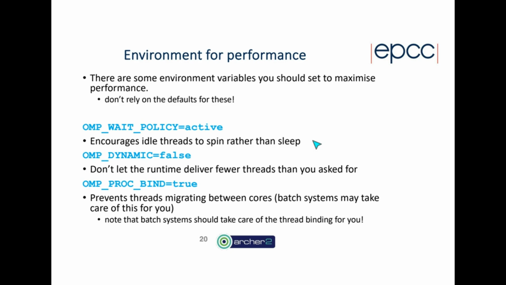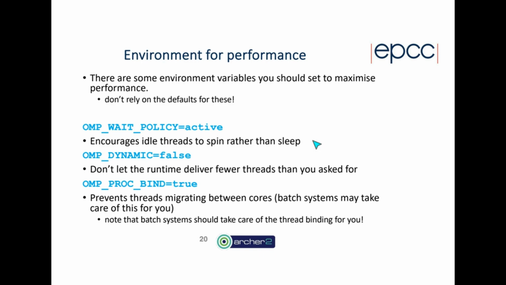What most implementations will actually do with idle threads is typically make them actively spin for a while, and then eventually put them to sleep. This setting is really just a hint, but it encourages the implementation to keep them spinning, or to increase the interval for which they spin before being put to sleep.